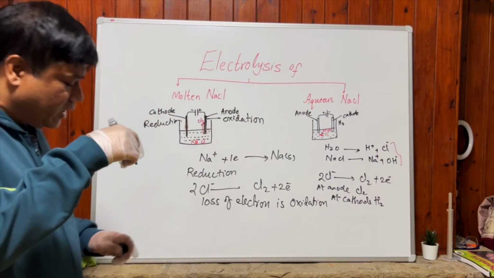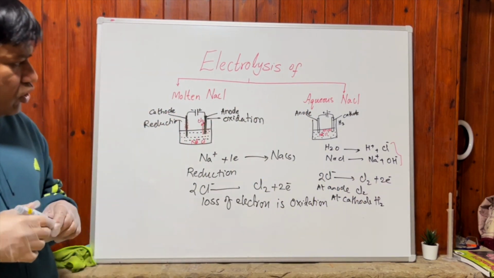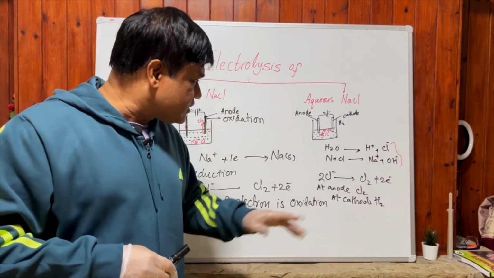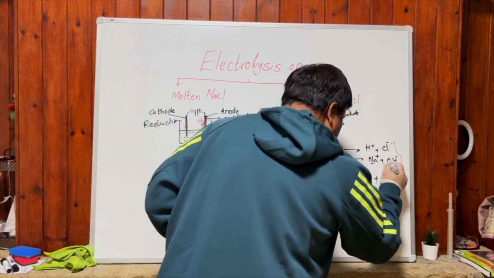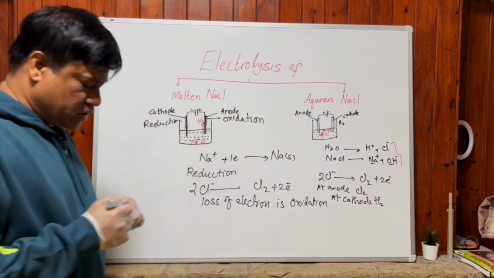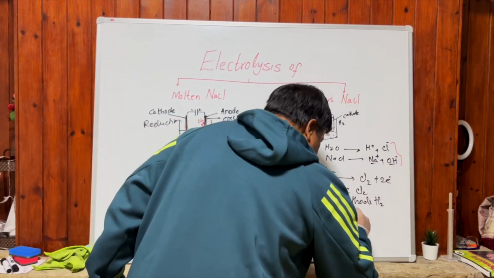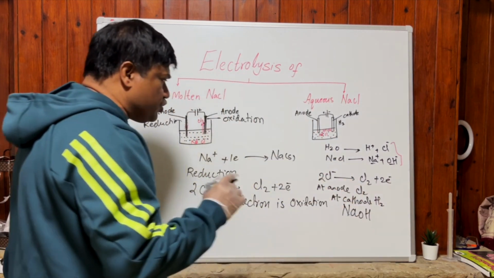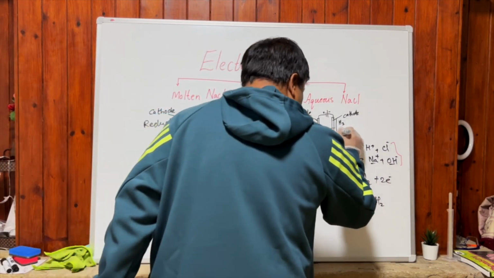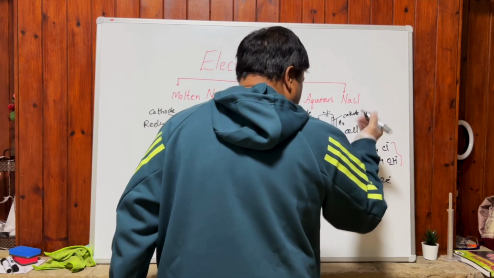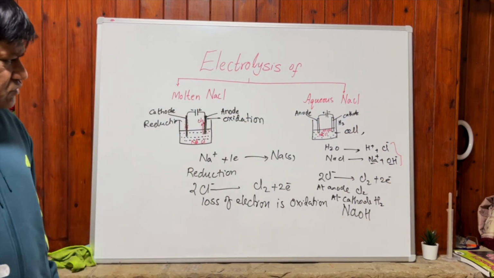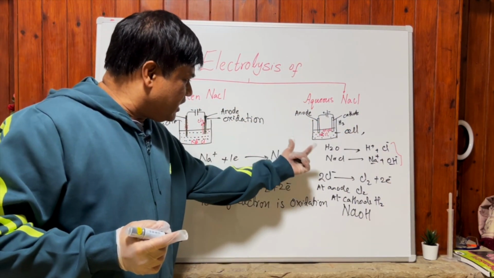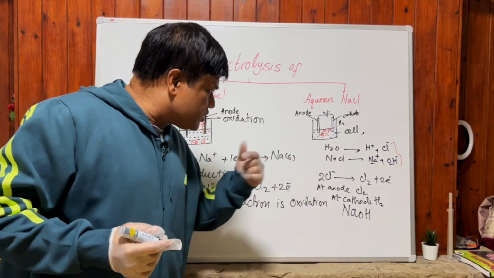And what will be left in the solution or in the beaker? Any guesses? Sodium and OH minus, which is nothing but sodium hydroxide. So the cell, or beaker, is left with NaOH solution.